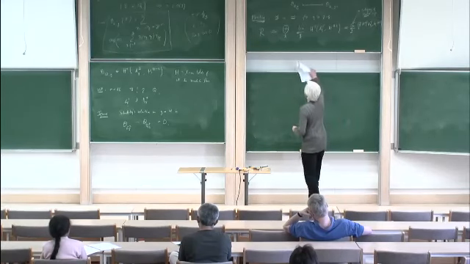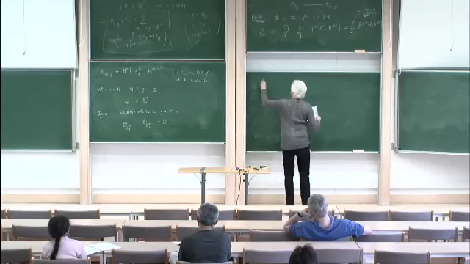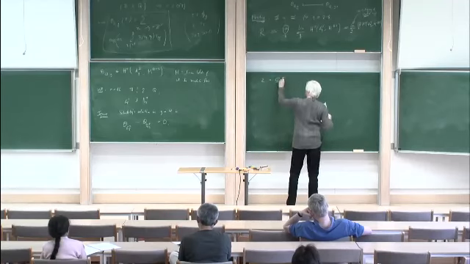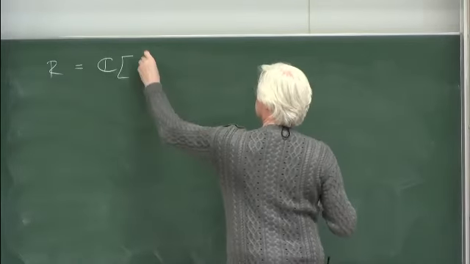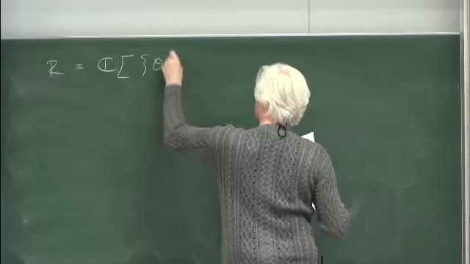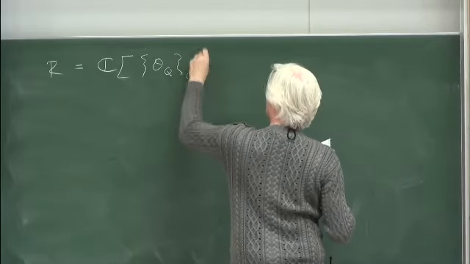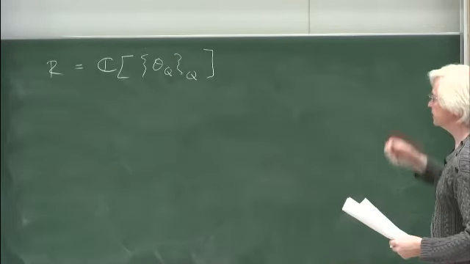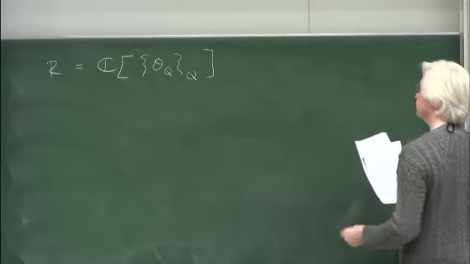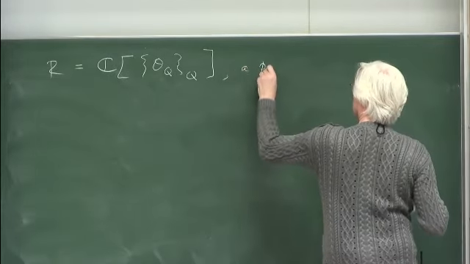And he showed also that this ring is nothing but the polynomial ring in the set of all theta series. I've taken a set of representatives of the quadratic forms. This is a polynomial ring.